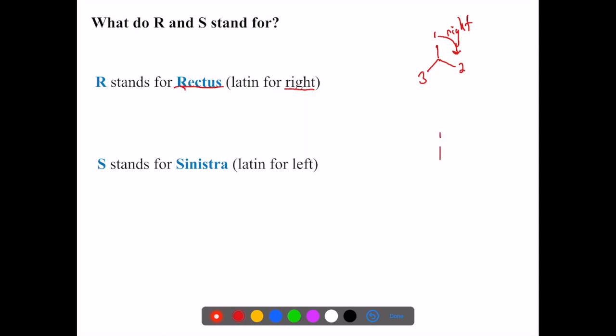If the low priority group is to the back and you have a configuration like this, then from 12 o'clock up at the top here, starting there, this counterclockwise rotation from the top is going to the left. And so that is S for sinistra. These do not stand for Rick Sobers.